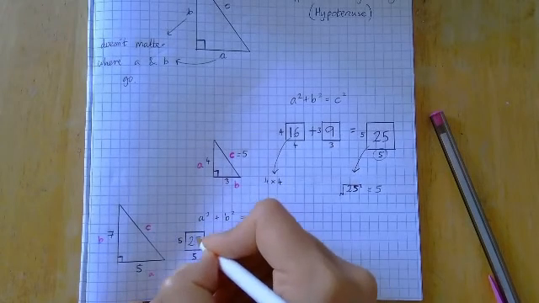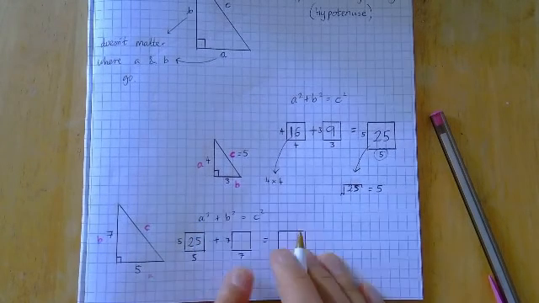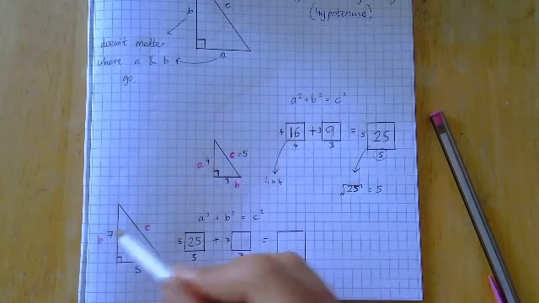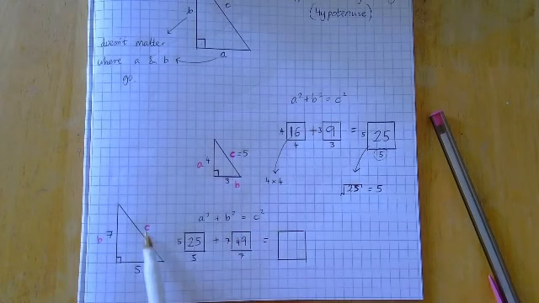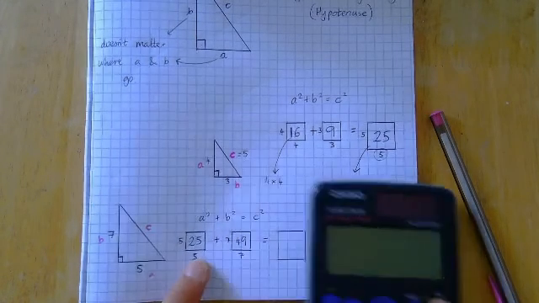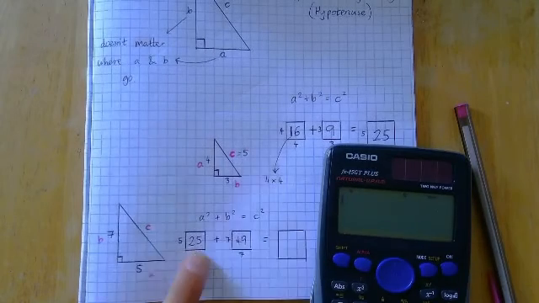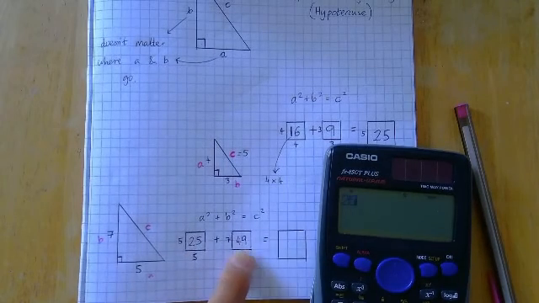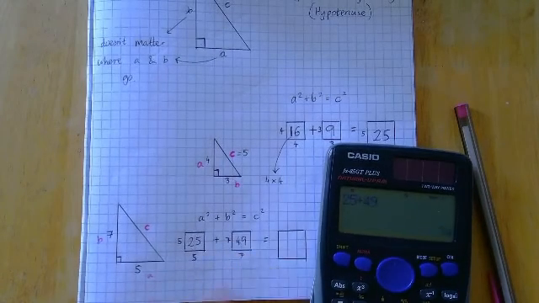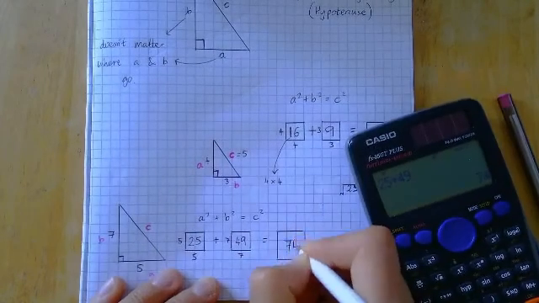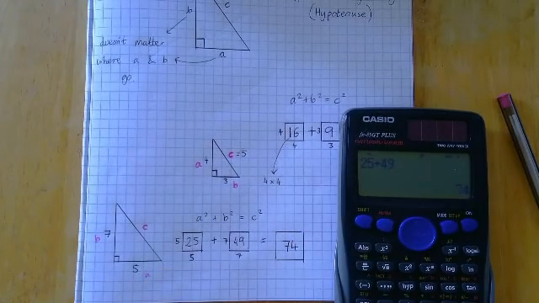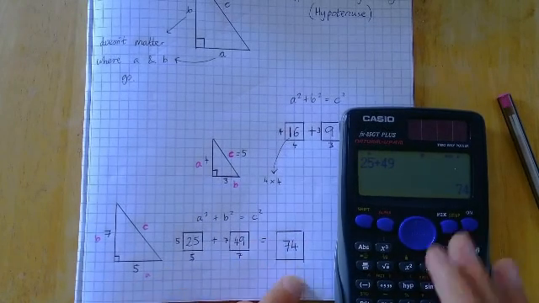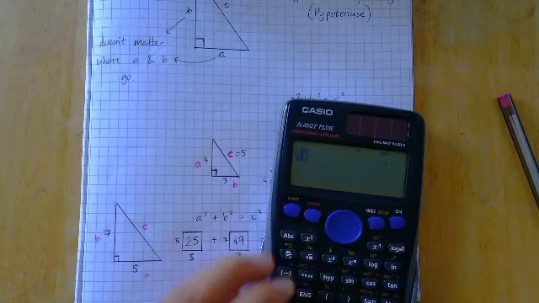So, A squared, well, A is 5, so I'm doing 5 times 5, which is 25. And then I've got my B, so I'm doing 7 times 7, which is 49. And I don't know anything about C at the minute, that's what I'm trying to find. Right, so look now, I need to work out what goes in this big square. So I'm adding my 25 and my 49, that gives me 74. So that goes in that big square.